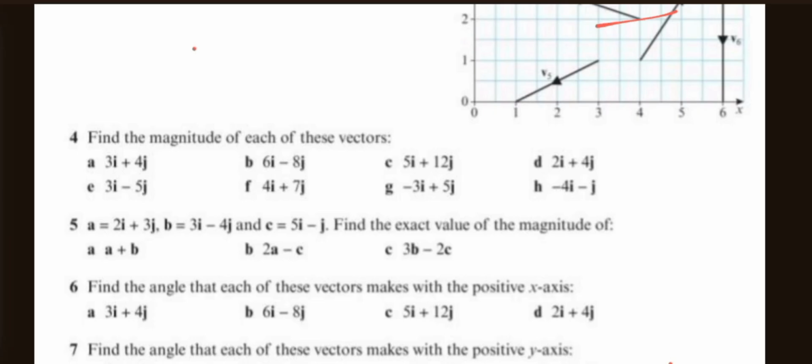Number 5. a equals 2i plus 3j, b equals 3i minus 4j, and c equals 5i minus j. Find the exact value of the magnitude of a plus b, 2a minus c, 3b minus 2c. So let's do number c.